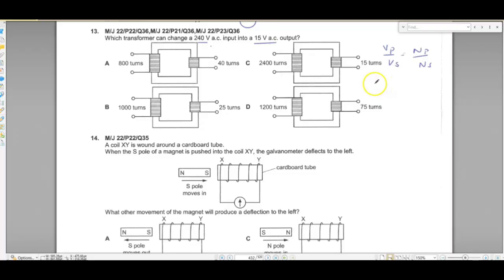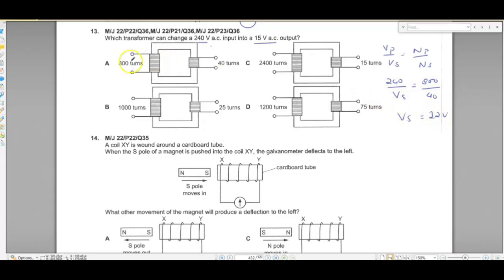For example, 240. We don't put in this output voltage, the secondary voltage. And we put in all the other values, 800 by 40. And we cross multiply and we see that Vs should be equal to 15 if all the values are correct. So it is going to be equal to 12.